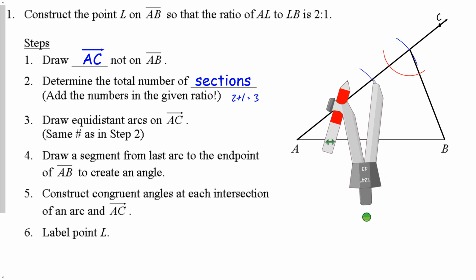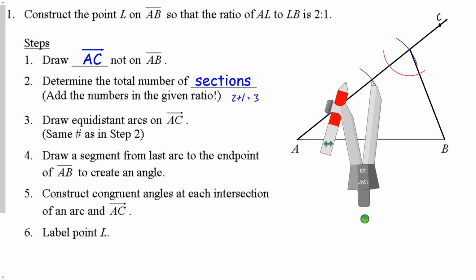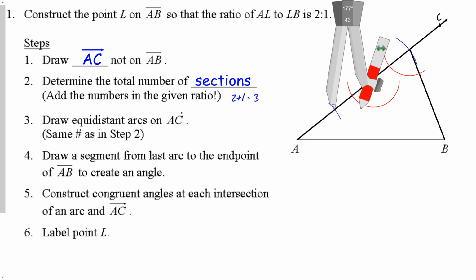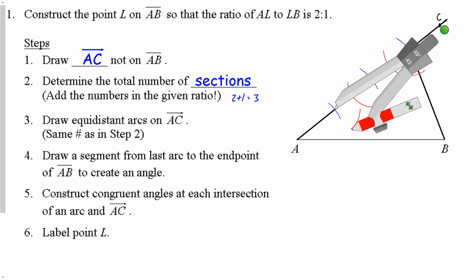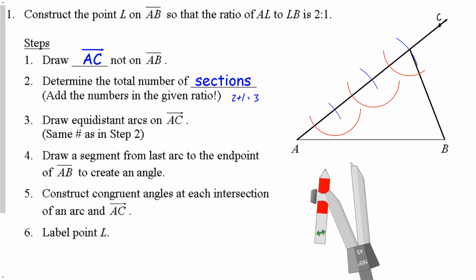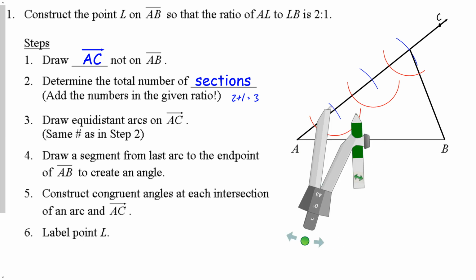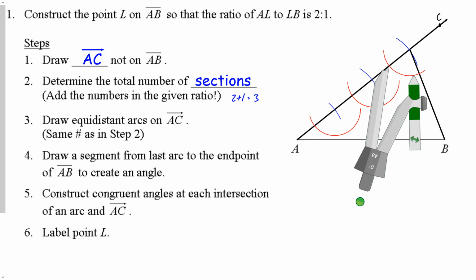Keep this setting, move the point of the compass to the next intersection of the arc and the ray, make this arc, and then do one more on the last intersection. Still continuing with the congruent angles construction, I now need to take my compass and open it to the width of the arc in this original angle.